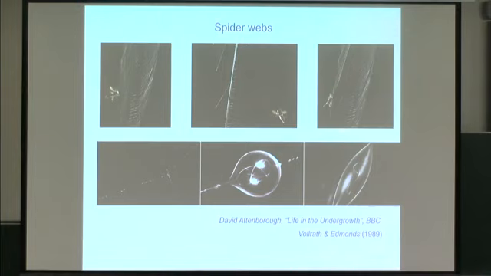The web is an elastic thing, so it responds elastically. And actually, what they say in this program, based on some scientific results, is that if you look carefully at the radial threads on spider webs, what you find is tiny little droplets, which are not droplets of dew.